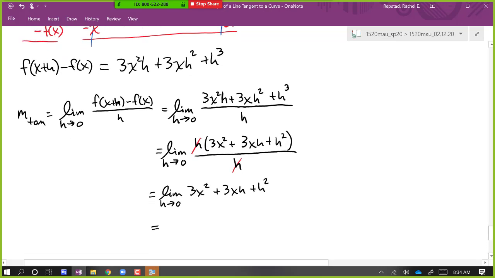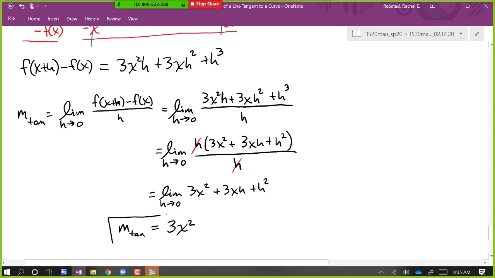What is the result when we let h approach 0? The only thing that's left is 3x squared, because the other two terms have a factor of h, and so when h goes to 0, those terms drop out.